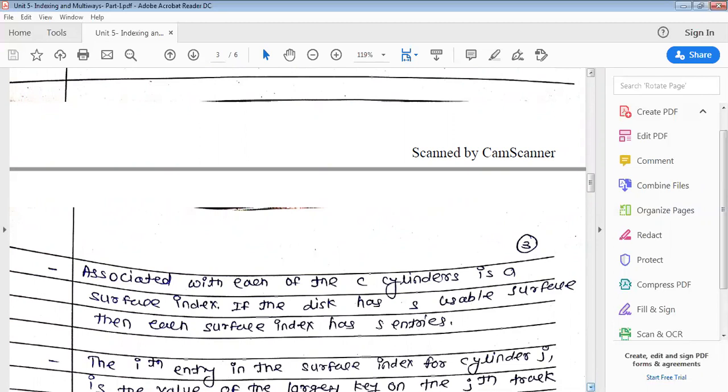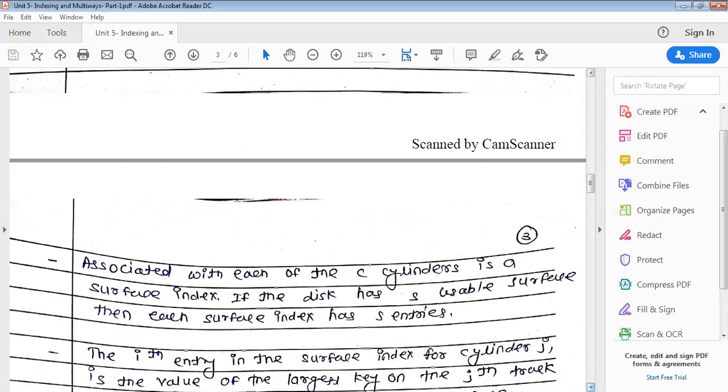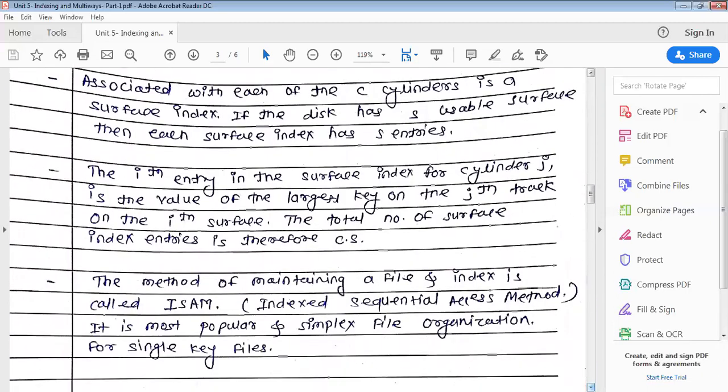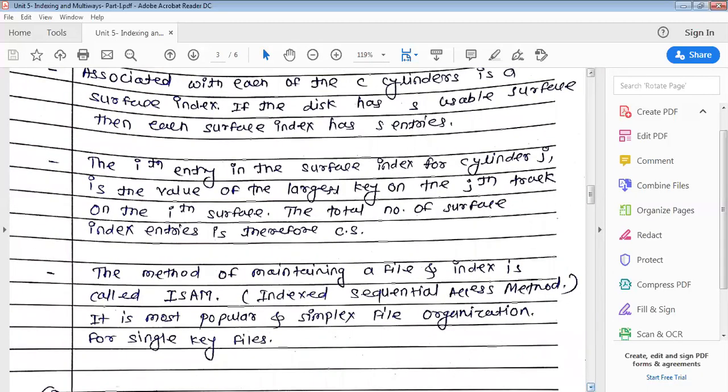Simply, C is associated with each and every cylinder, whatever name you want to give, and S denotes the surface. For example, the ith entry in the surface index for cylinder j is the value of the largest key on the jth track on the ith surface.